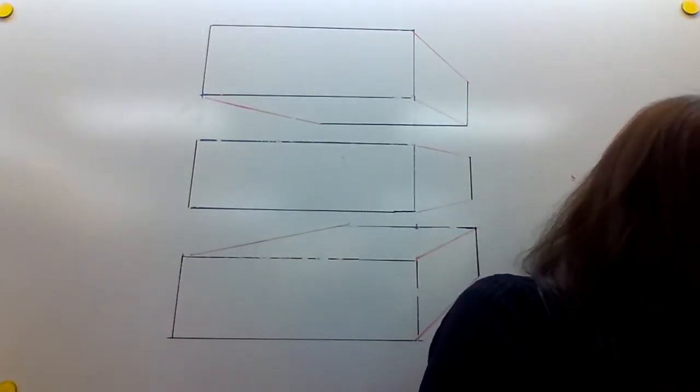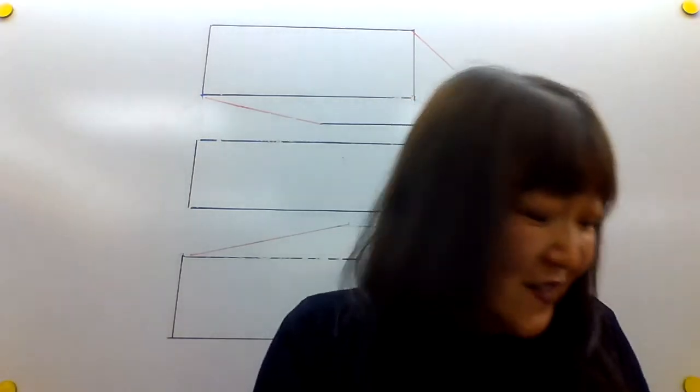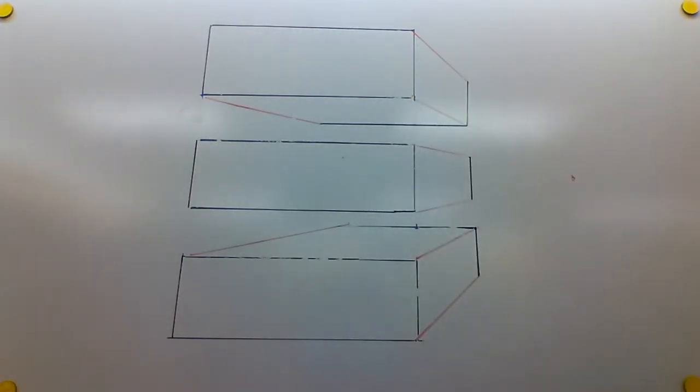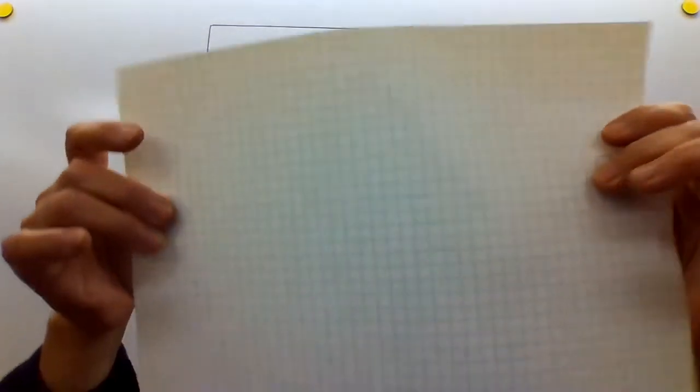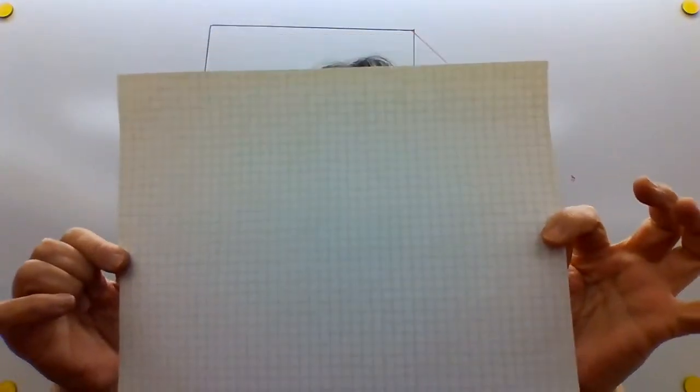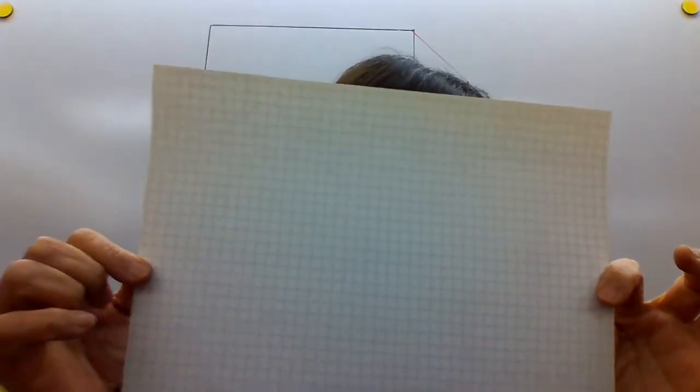Okie dokie. All right, let's switch the paper. Okay, we are going to use this graph paper at this point. You may place this in landscape format to begin with.